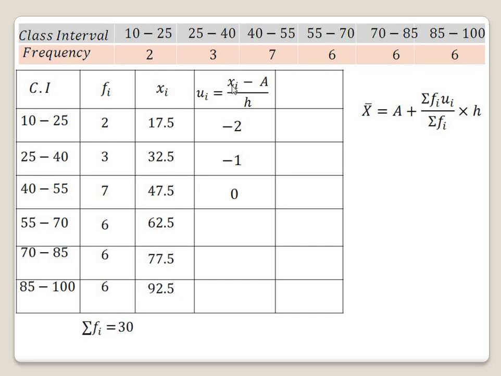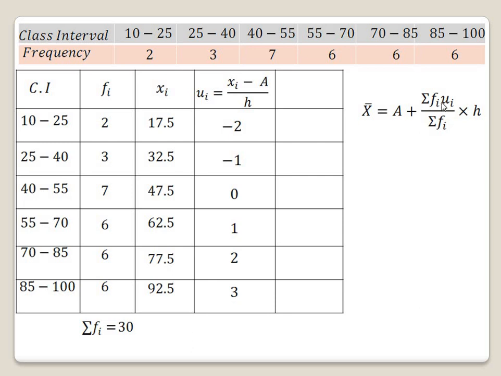Next, 62.5 minus 47.5 divided by 15 is 1. Next, 77.5 minus 47.5 divided by 15 equals 2. And the last value, 92.5 minus 47.5 divided by 15, equals 3. These are the values of ui.